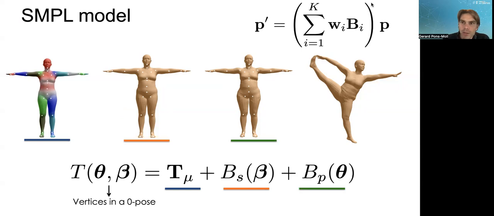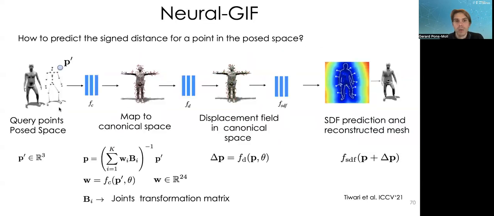However, in implicit surfaces, what we want in reality is the occupancy of this posed space surface. So we cannot start with the canonic space, or at least it's not trivial to do. What we need to do here is start with the query points in the posed space. I want to know the occupancy. And for this, I'm going to have a neural network that predicts these W_i, the skinning weights for this point P prime.